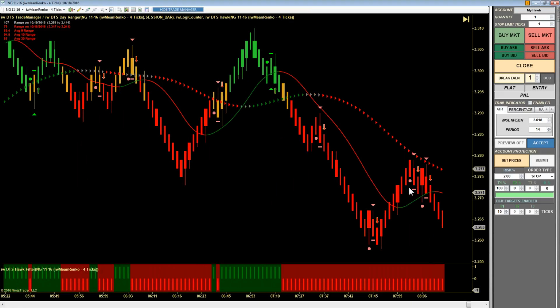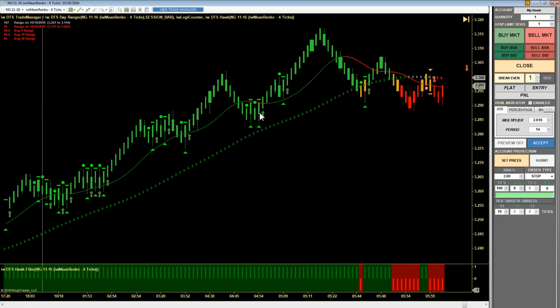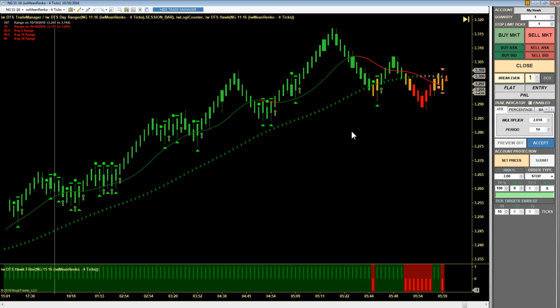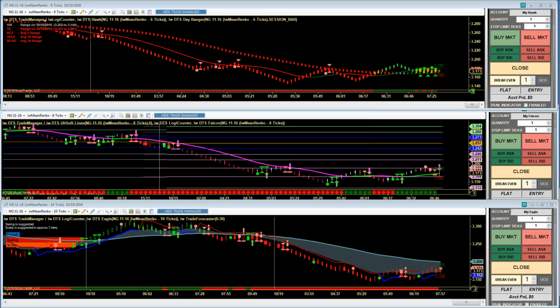That might be the same macro pullback I was just looking at. Nice macro pullback here. This macro pullback, of course, got spoiled by the yellow bar. We don't trade the yellow bars, and you can see why. There wasn't enough follow through. So it's looking like the hawk caught some nice natural gas signals there on the alternate setting.